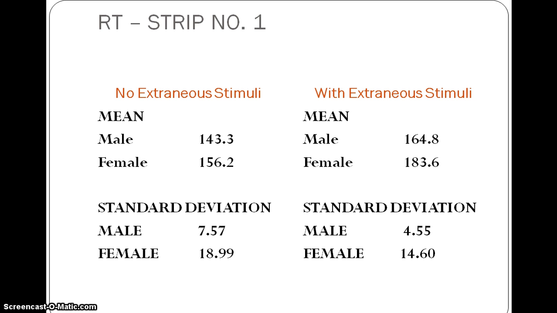And the standard deviation of these subjects is rather small, and therefore the raw data are really close to each other. They have a small range of difference in their reaction times. There are no outliers.